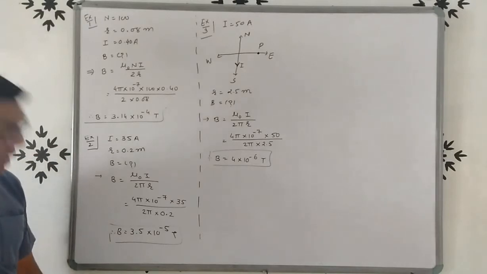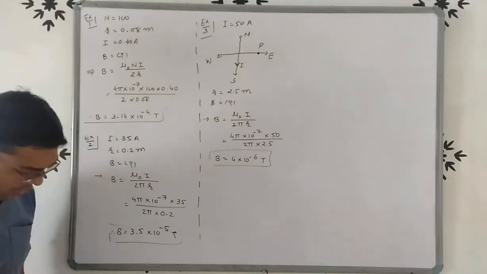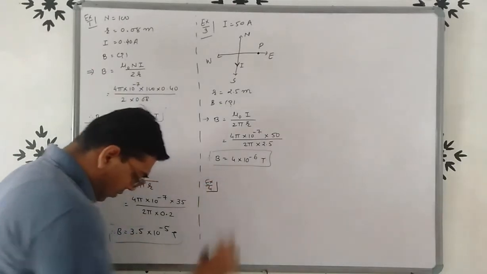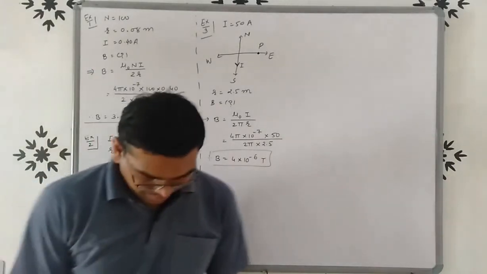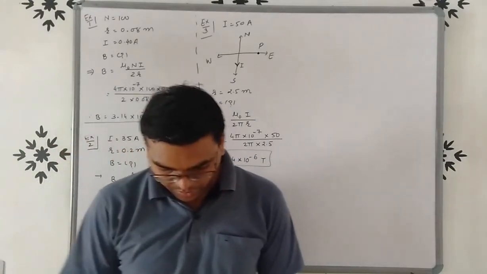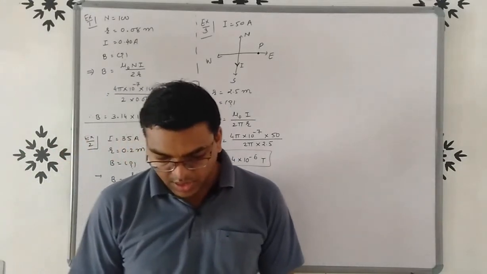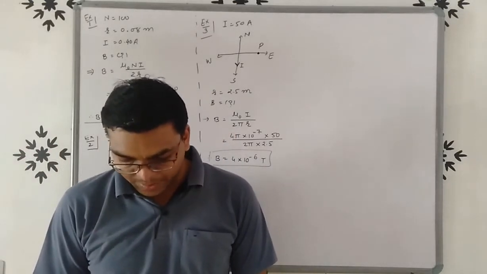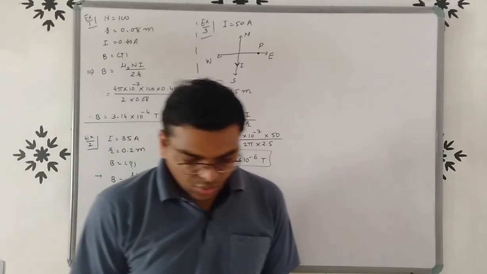Now example number 4. Now see. A horizontal overhead power line carries a current of 90 ampere in east to west.